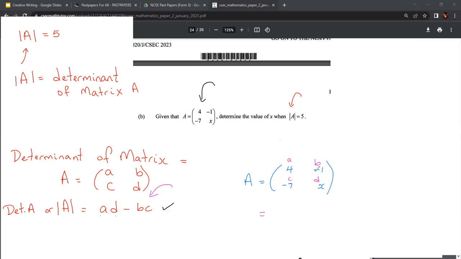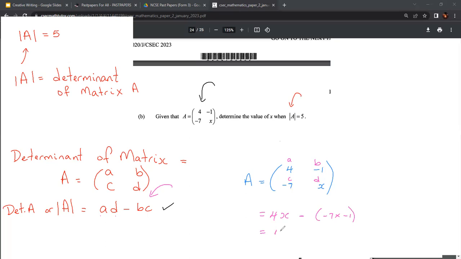Then I'll label each of my elements A, B, C, D. So I'll have AD, that's 4 times x, which is 4x, minus BC, so that's going to be minus 7 times minus 1.